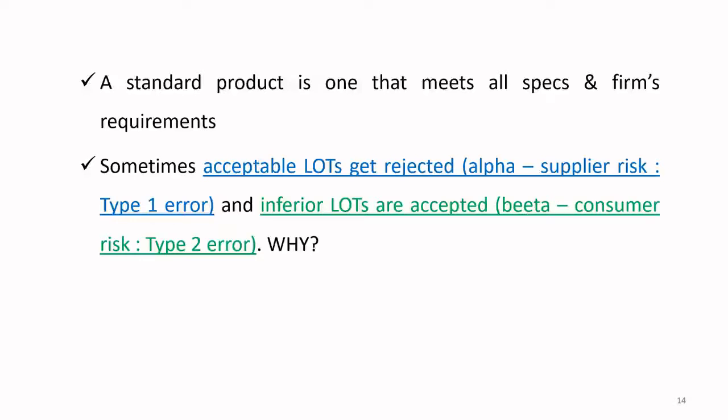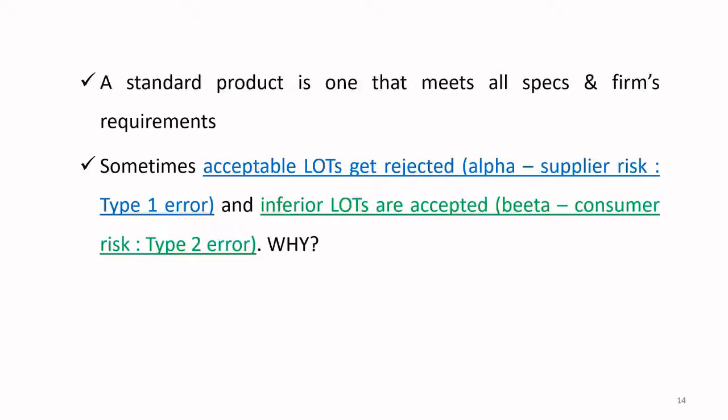I mean, the inspector took out such pieces in which the defectives are there. You may get unlucky, although looking at the entire shipment, it would have been accepted. But somehow, whatever pieces were taken out by the inspector, most of them got rejected, and your entire shipment got rejected. That is called alpha, which is supplier risk.